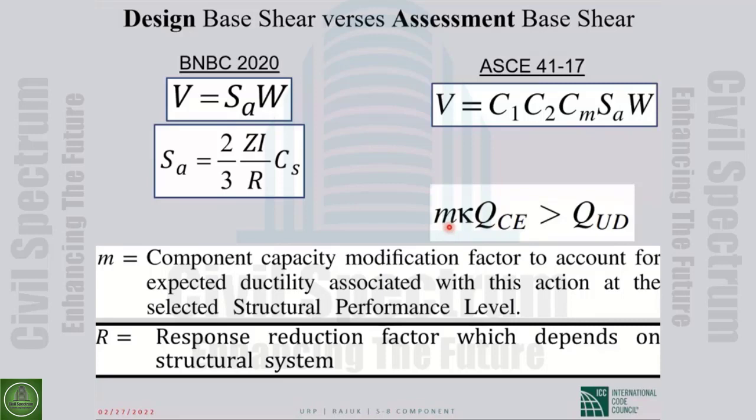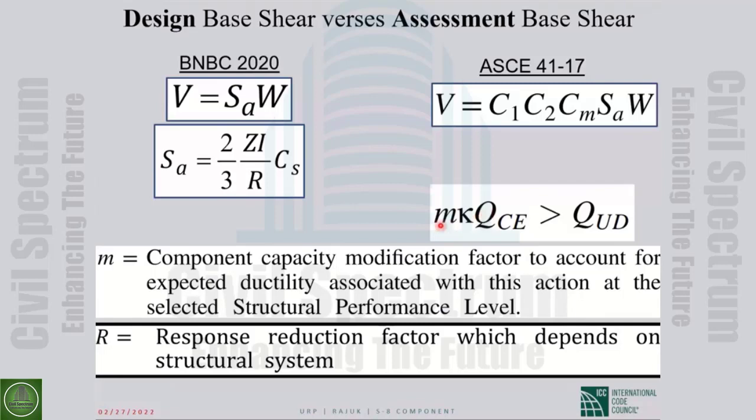For every performance level, for that specific element, we have a special M. So we have one M for IO, one M for LS, one M for CP. So M depends on the condition of the element. Good elements have bigger M. Bad elements have lower M in the same building.